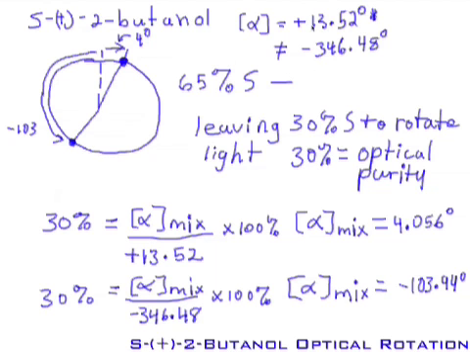So you can use optical purity to help discern, in mixtures, whether the rotation you're observing is actually to the right plus 13.52 or to the left minus 346.48, which in a circle brings you to the same position. In this case, it actually turns out to be plus 13.52 degrees.